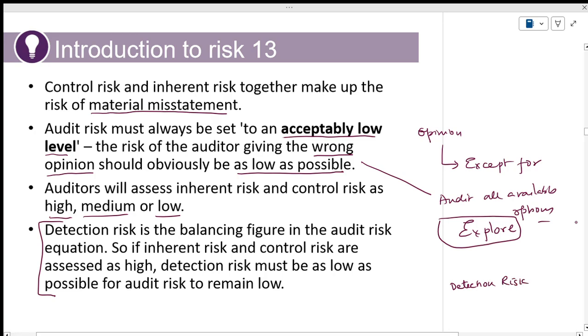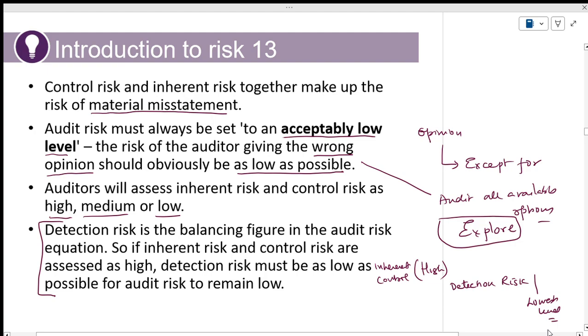If the inherent risk and the control risk are high, it means the detection risk will be at the lowest level. It means we have pinpointed each and everything.